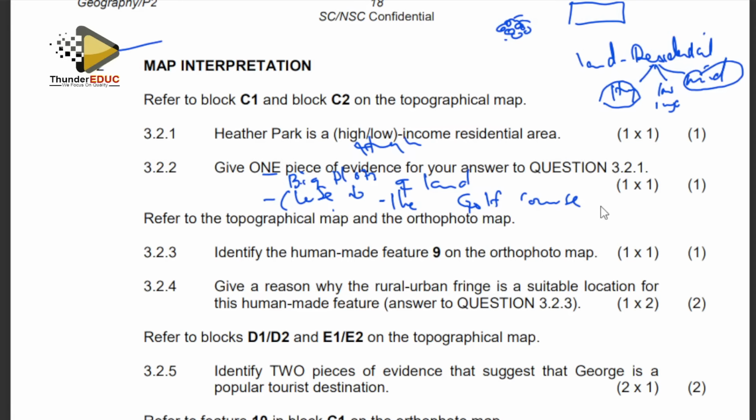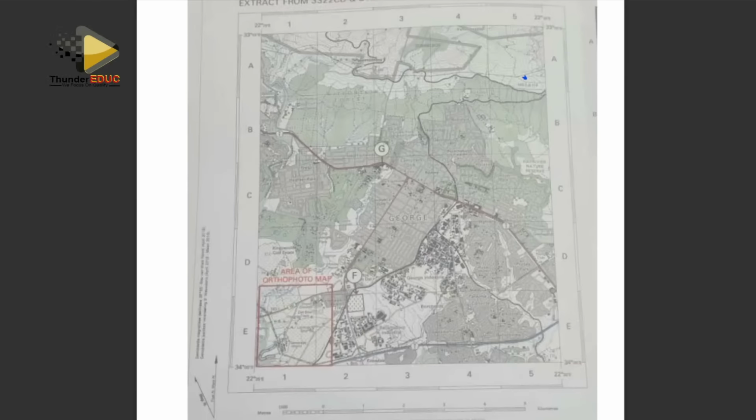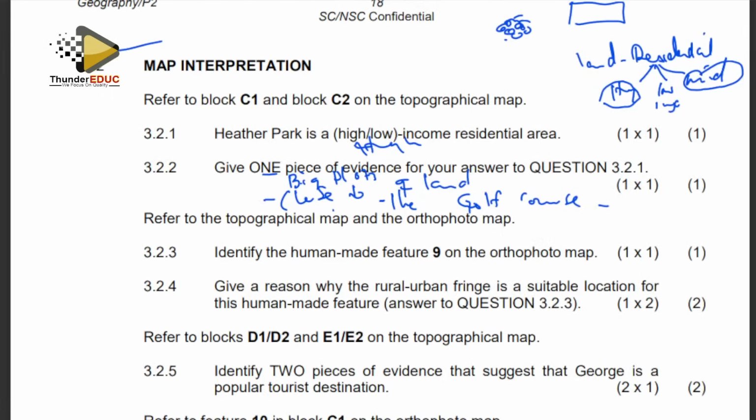Number three, that you can say when you look at it on the map here, let's see if you can see on the map. Look at this. This area here, remember, a golf course is located where? It is located in the rural urban fringe. Remember that I told you that the indicators of a rural urban fringe are a golf course, a shooting range, a rifle range, a landing site, a cemetery, those aspects.